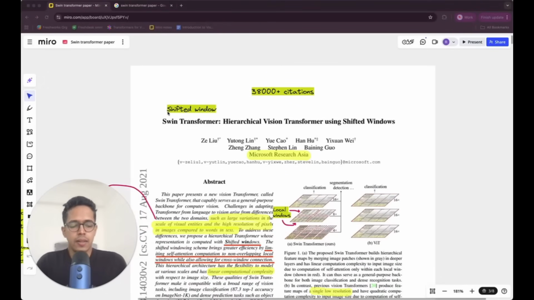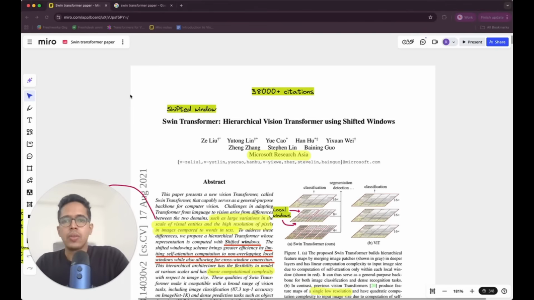This is the Miro annotated pages of the paper. I don't think this will take too much time except for the section about shifted windows and its implementation. There is also one part where we will have to spend a little bit of time, which is relative positional bias. I'm just mentioning these terms so that when you reach that point, you are not surprised and you know what to expect.